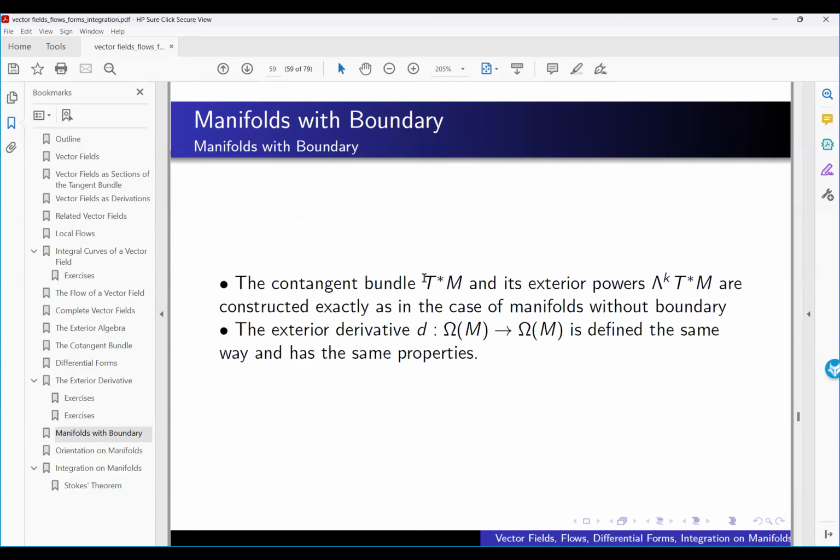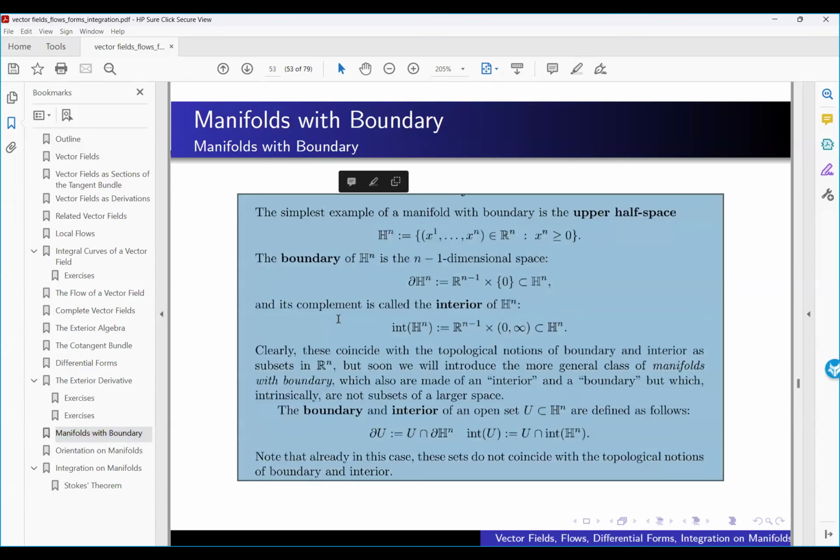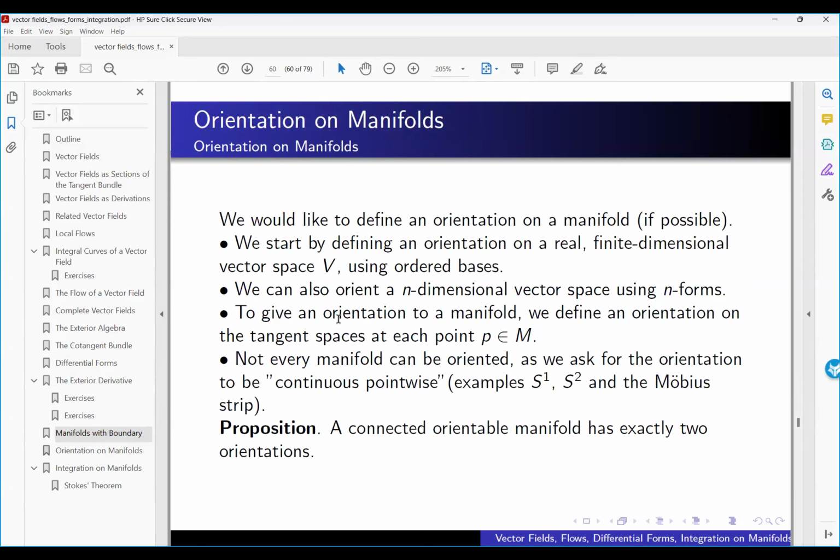Now we don't know yet what the cotangent bundle or the exterior powers are, but everything else can be defined similarly. Now, what happens is that when we have manifolds with boundary, we can orient the manifolds.